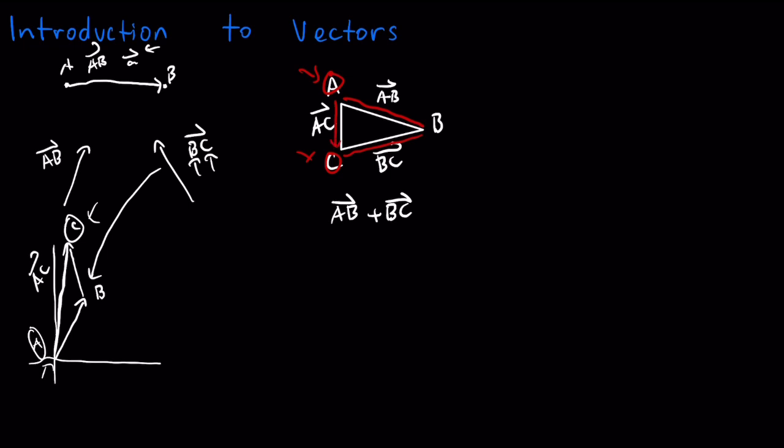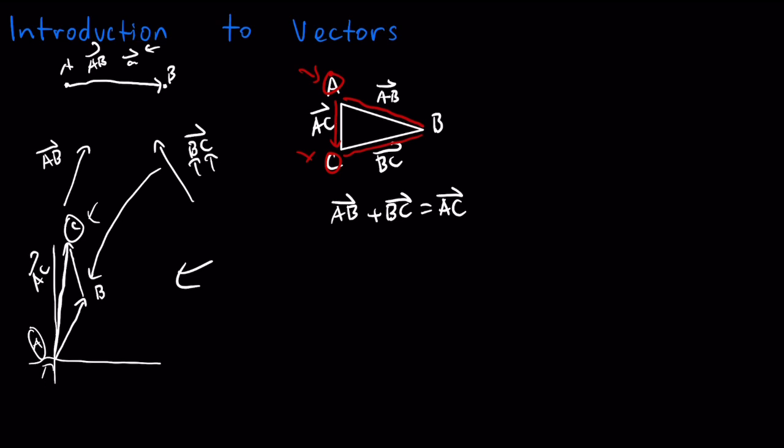So based off this, we can say that vector AB plus vector BC is equal to vector AC. And this is pretty much the same thing as this example over here.